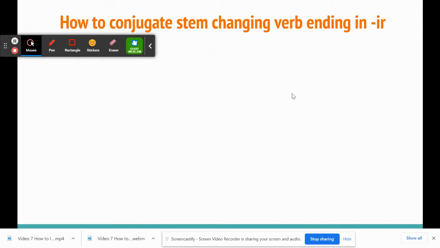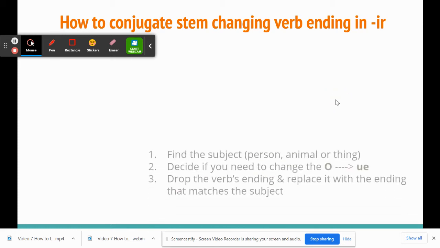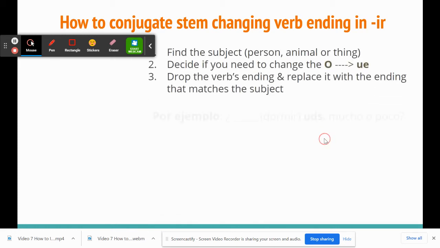How to conjugate stem changing verbs ending in IR. Again, same 3 steps. We want to find the subject. Por ejemplo, dormir ustedes mucho o poco. We want to say, do you all sleep a lot or little? So the subject here is ustedes.